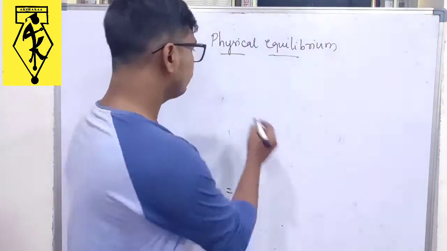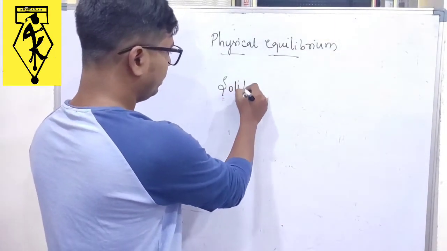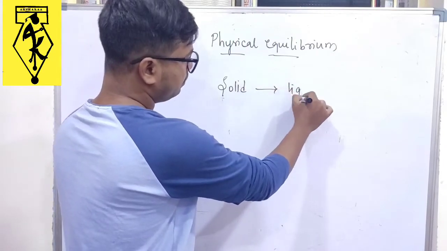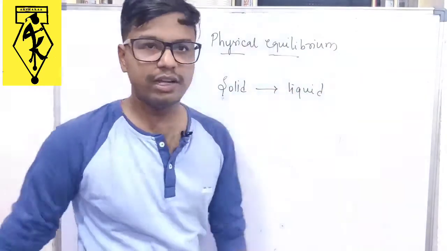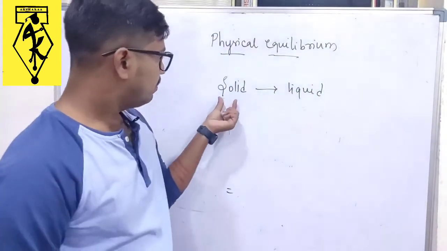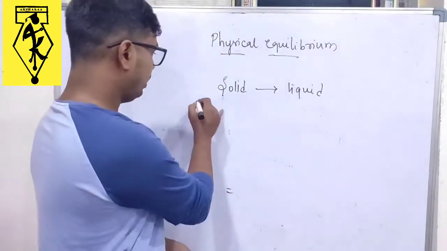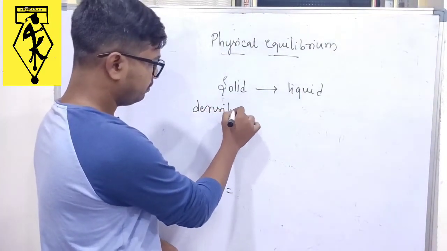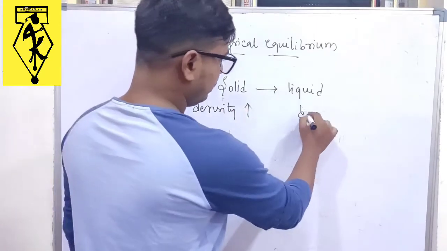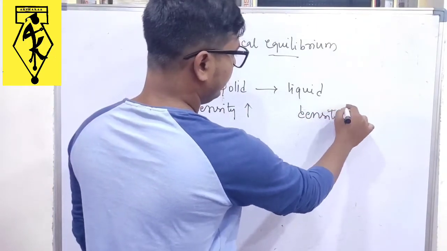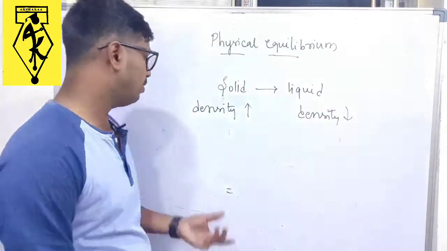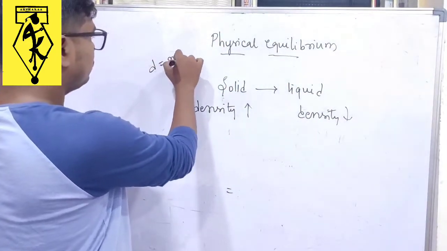For example, if any solid is converting into liquid, what can we say for solid? For solid, density is more than liquid, right? In general, we know density is equal to mass by volume.